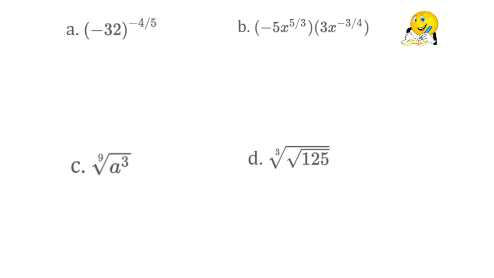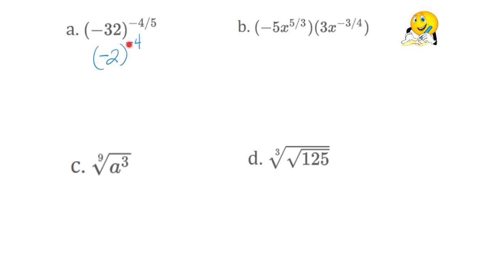I'm going to go ahead and take this -32 and fifth root it. Fifth root of a -32 is a -2. Then I'm going to take that to the -4 power. Recall from when we did exponents, this negative right here does not make my answer negative.